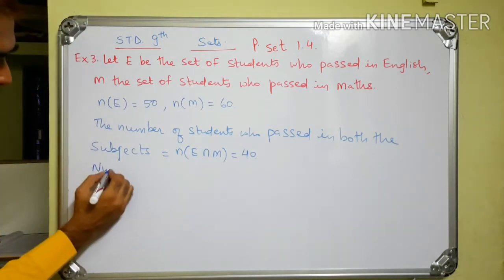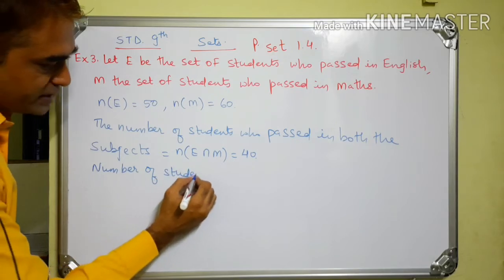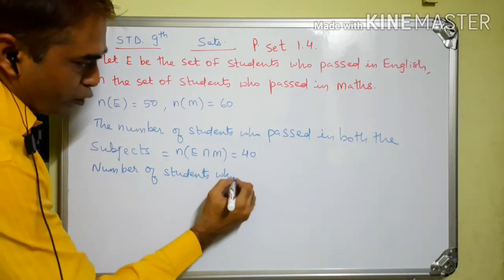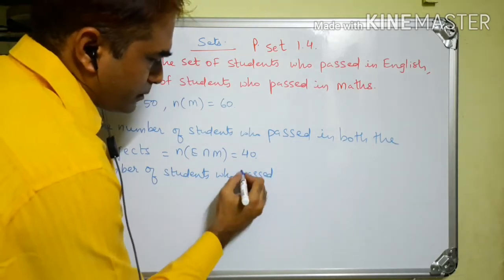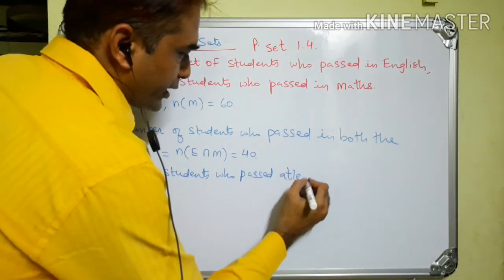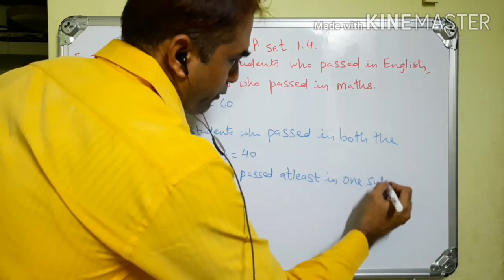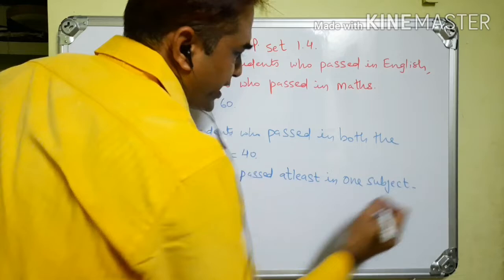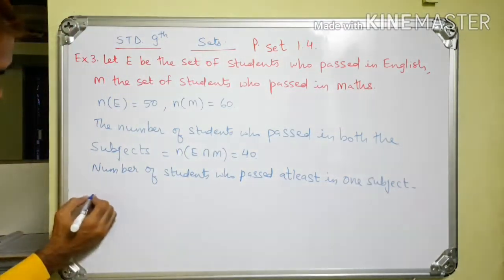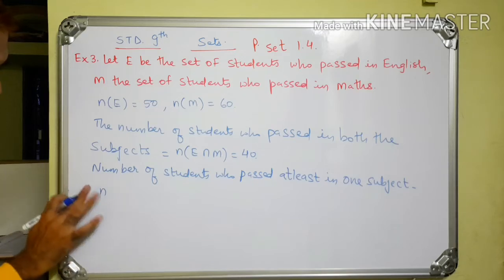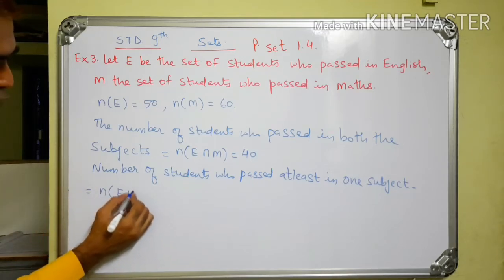The number of students who passed at least in one subject. Which set will represent them? Yes, the union set. Therefore, we can write this as the number of elements in set E union M.